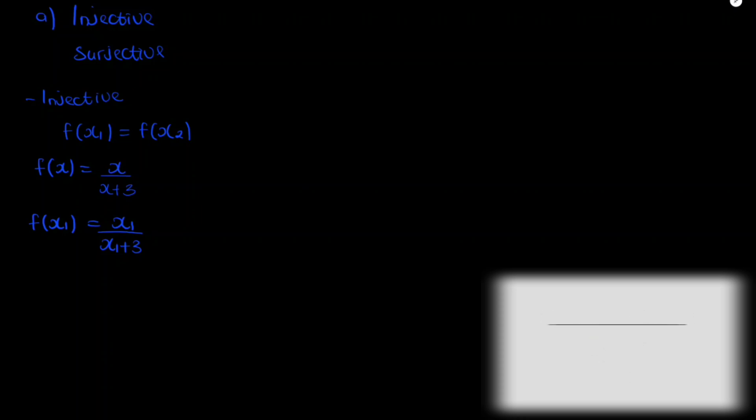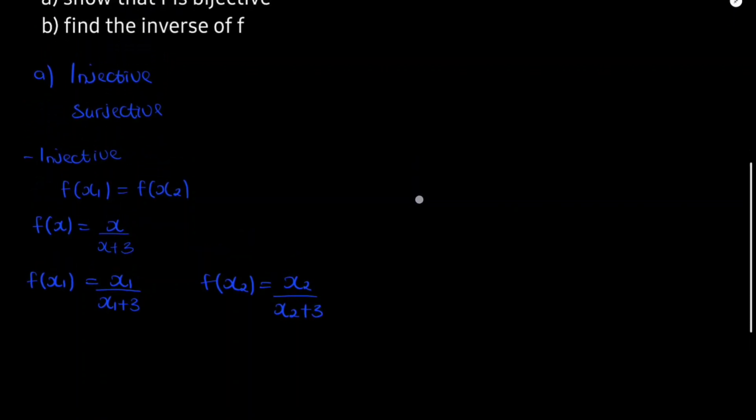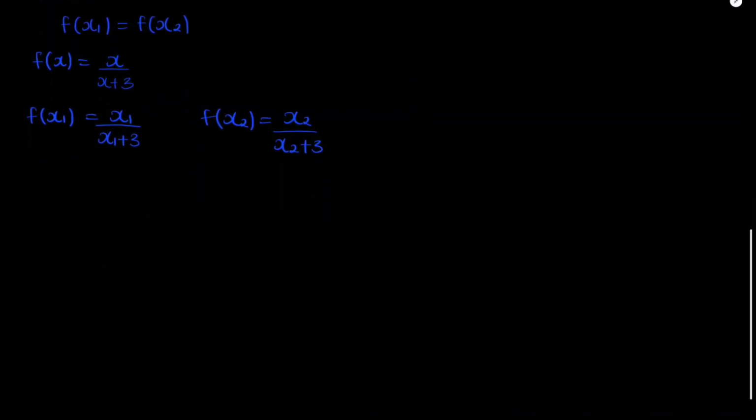And our f of x2 will also be x2 on x2 plus 3. So we are just doing the same thing. Now we are going to equate them and see whether we are going to end up with x1 equal to x2.